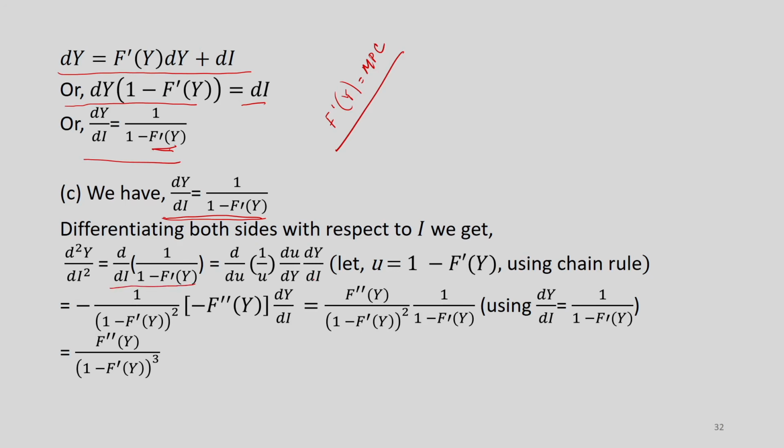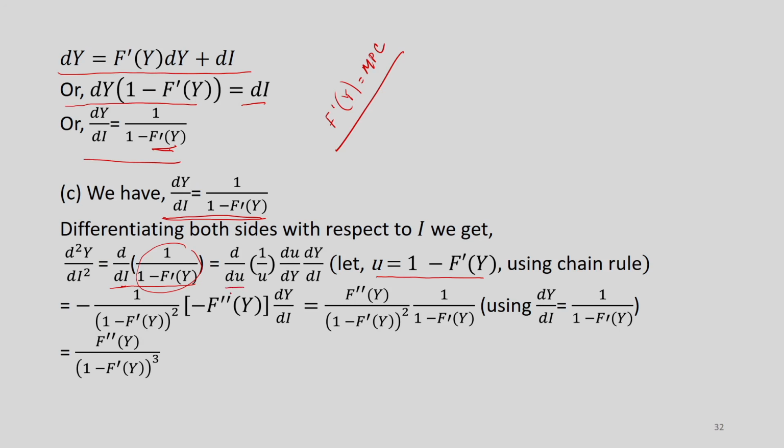Now, here to simplify this, I am using the chain rule. I am assuming that u is equal to 1 minus f prime y. So, if I do so, then this expression becomes 1 divided by u, right, and if I have I here, I cannot differentiate the function if it is a function of u.